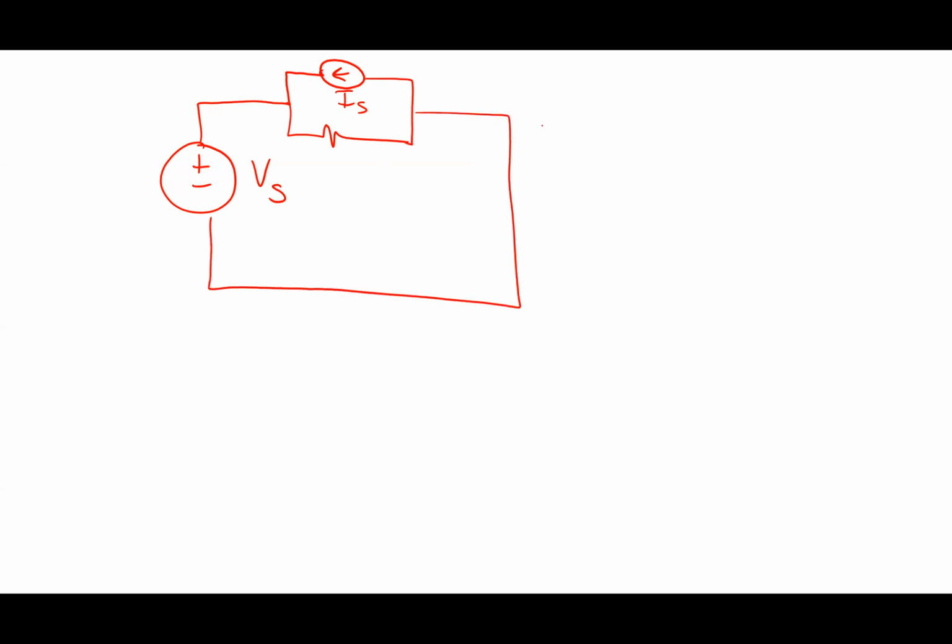Capacitor voltage is 0. Okay, and here's R and here's V sub L. That's 0 plus. I want to find I sub C of 0 plus and V sub L of 0 plus. They're both tricky.